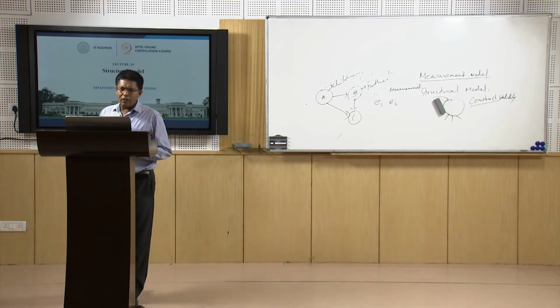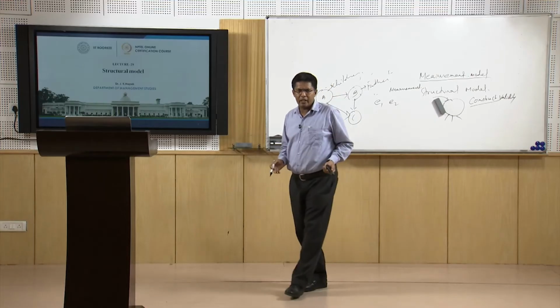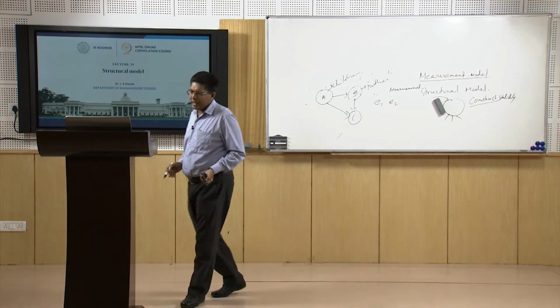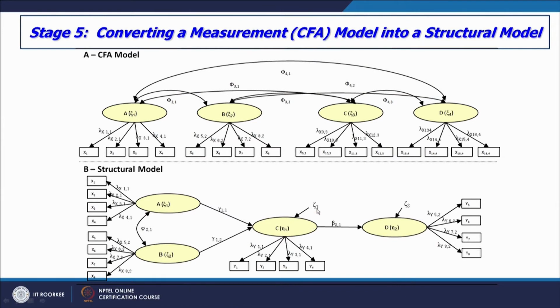In this case there are 4 items or variables related with each latent construct, and there are 2 error terms here, because every dependent variable will have an error term. Obviously the independent variables do not have an error term. So why is this one, also an independent variable, having an error term? Because it is an independent variable for these 2, okay. That is why.